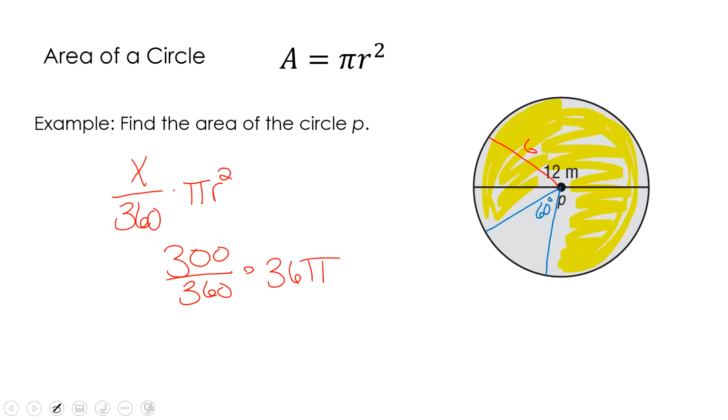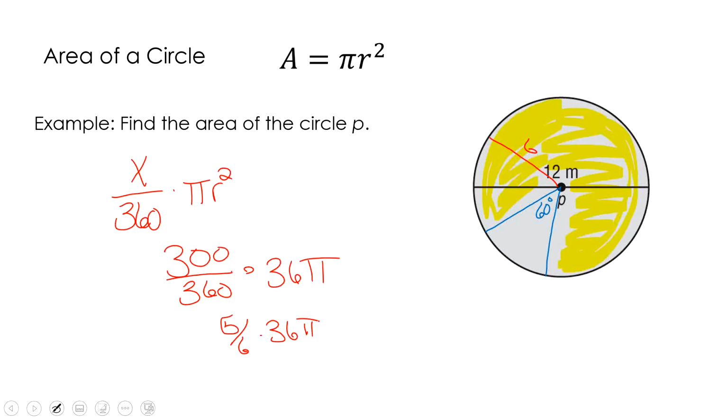So again, we want exact measurement. We can give exact measurement because they're not asking for us to round it. So I do some math here. I can simplify some stuff down. This simplifies down to 5/6 times 36 pi. So we can do 5/6 times 36 over 1.